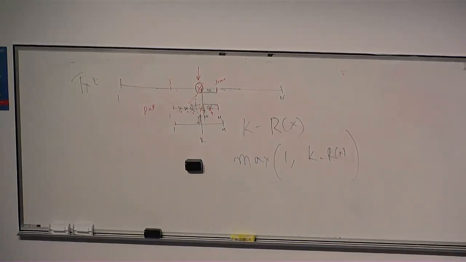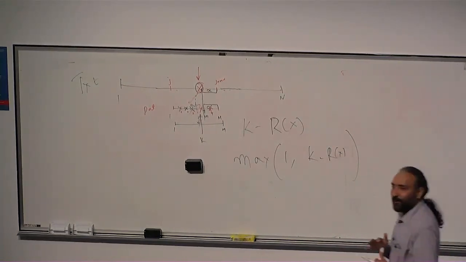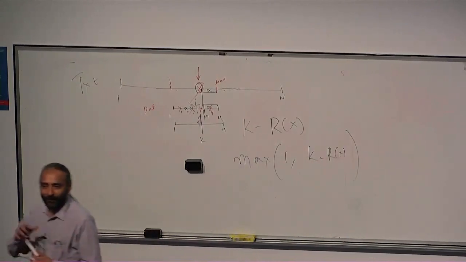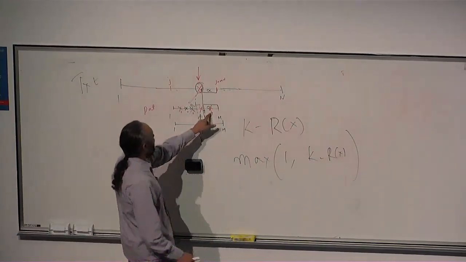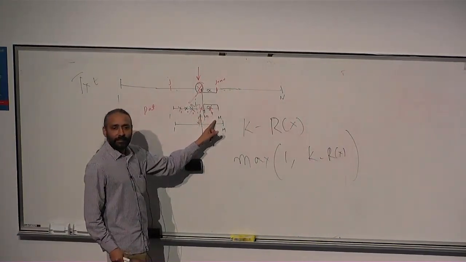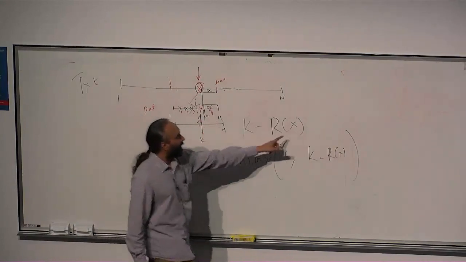Okay, now, can you extend this bad character rule in some special way so that we never ever get the scenario where Rx is greater than K?